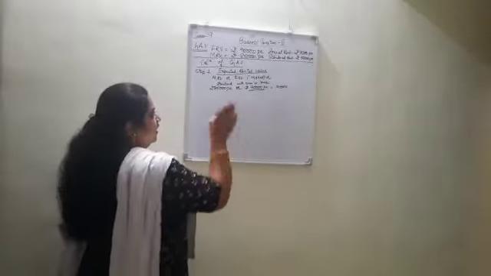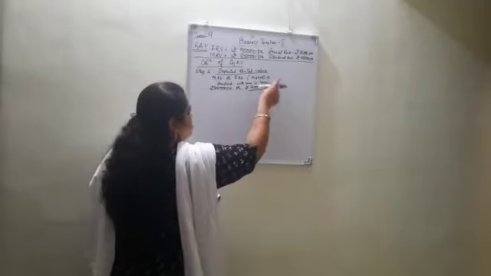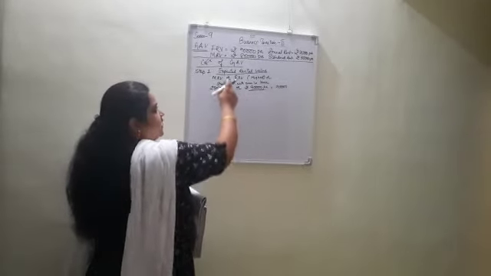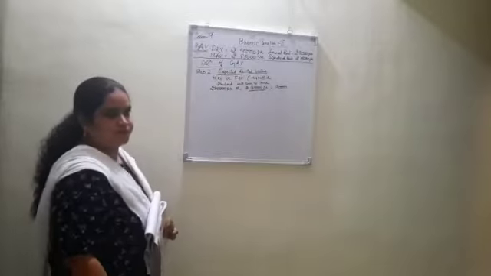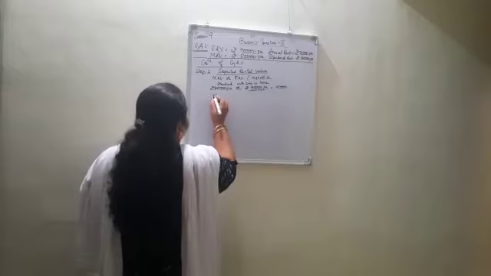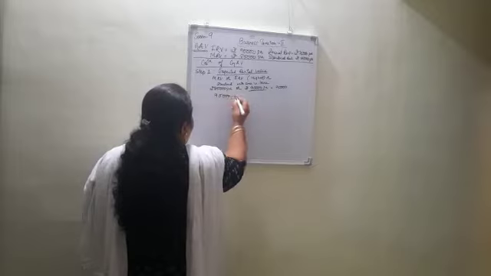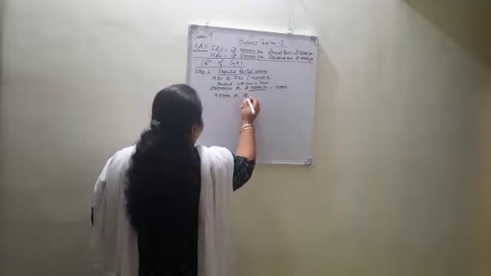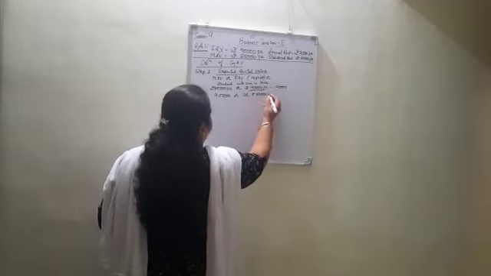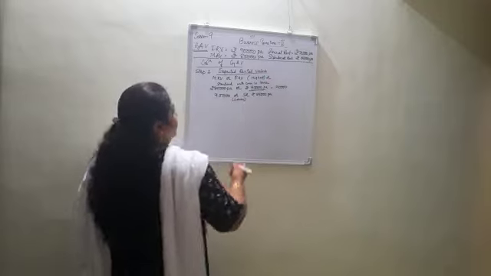But if the problem has given the standard rent, this value has to be compared with the standard rent, and whichever is lower is the expected rental value. So 90,000 or standard rent, which is rupees 55,000 per annum. Whichever is lower has to be finalized now.